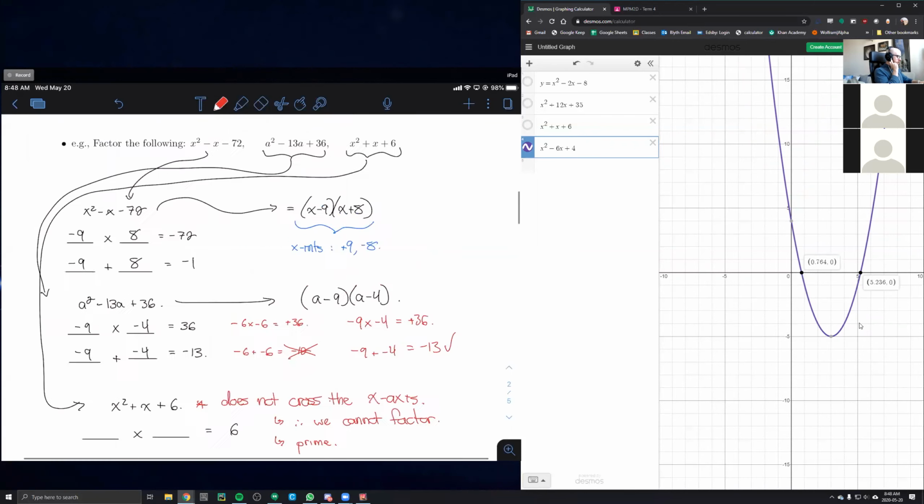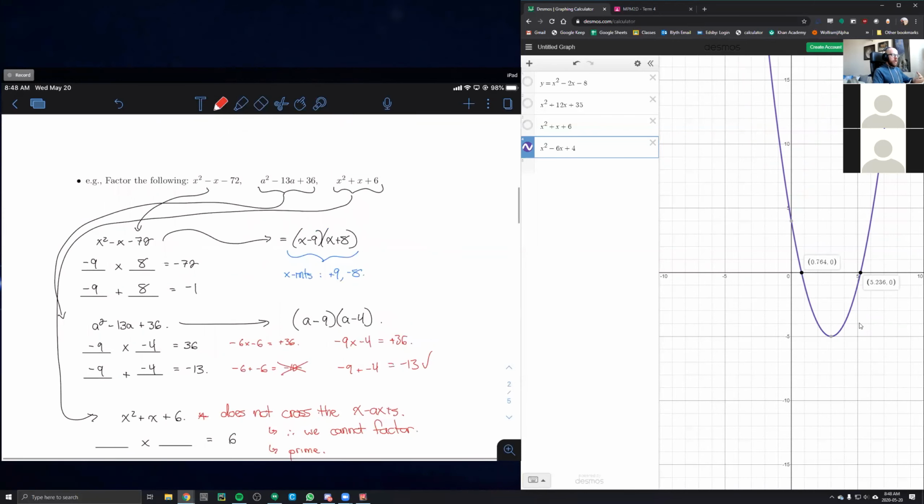But what we're noticing with all of the examples that we've done so far is that the numbers we get are integer values, right? They're not decimal numbers. And so when we have a situation like this, where we are going to get decimals as our x-intercepts, we're going to have to use another tool in order to solve this. And that tool is called the quadratic formula.